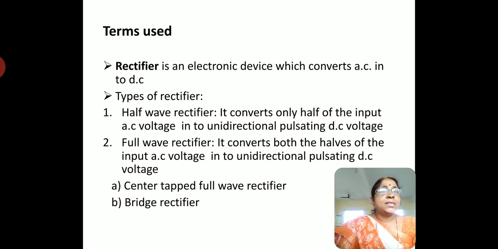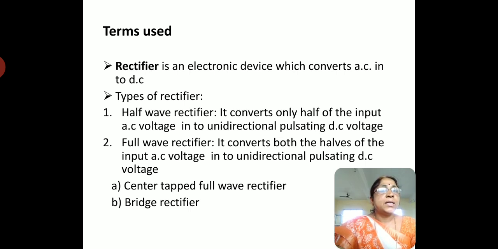A rectifier is an electronic device which converts alternating voltage into a direct voltage, that is AC into DC. There are two types of rectifier that we have already studied in session 34, half wave rectifier and full wave rectifier.